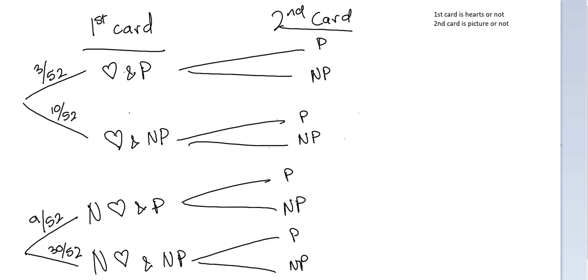So if your first card was a hearts and a picture, what's the chance of getting a picture card? Now this is where it gets a little bit confusing. At this point, we don't really care whether or not our first one was hearts, we just care whether or not the first one was a picture card. So if we took out 1 picture card, there are 3 picture cards per suit, which means 12 picture cards total.